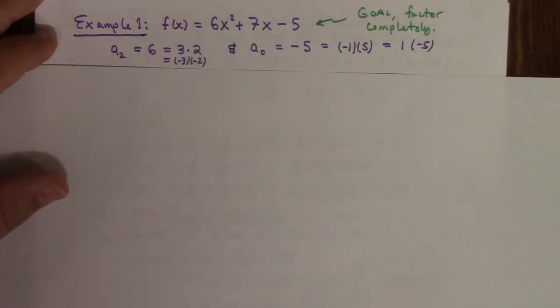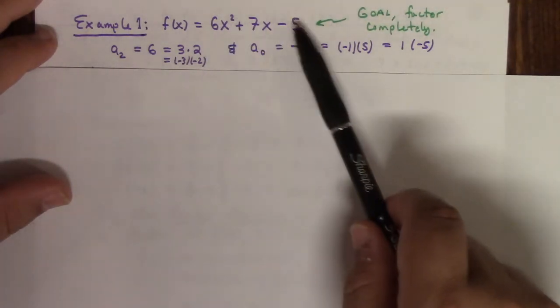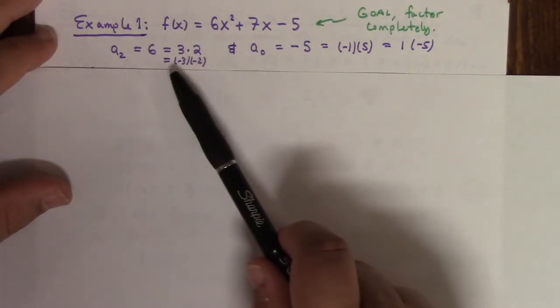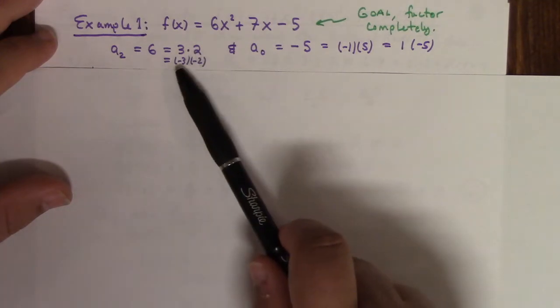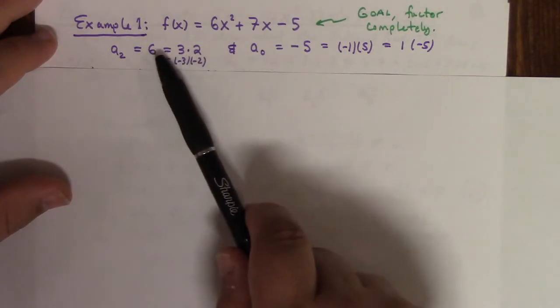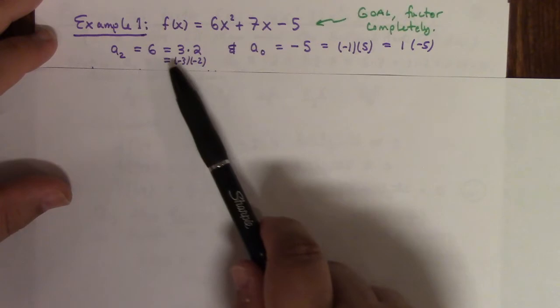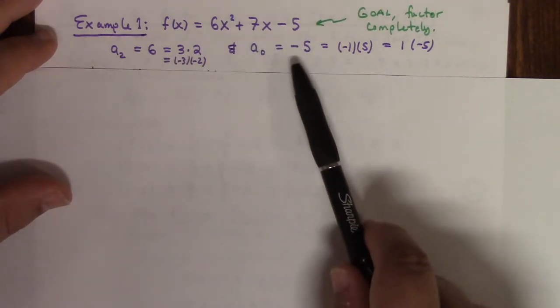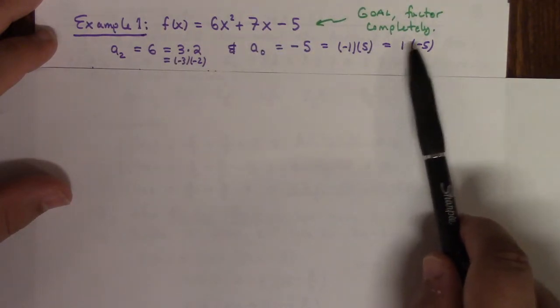Notice that the leading coefficient is 6, and the constant coefficient is minus 5. We can write 6 as 3 times 2, or minus 3 times minus 2, or also 6 times 1, or minus 1 times minus 6. And minus 5 we could write as minus 1 times 5, or 1 times minus 5.